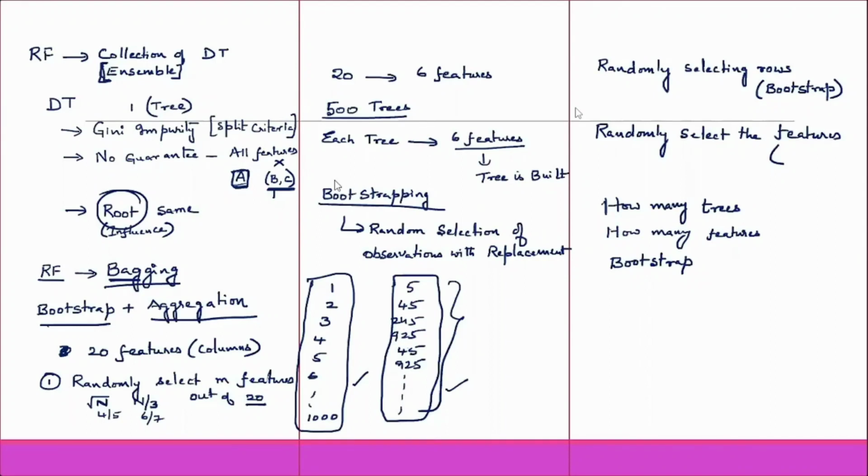Now by doing this, some observations are purposefully omitted from the sample, because obviously when there is a replacement happening, we are randomly playing around with both the rows and the columns to finally arrive at the decision.